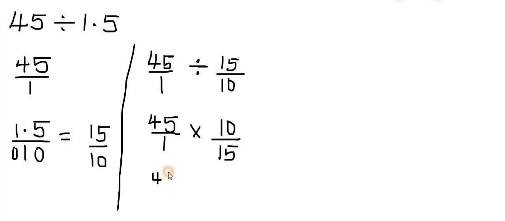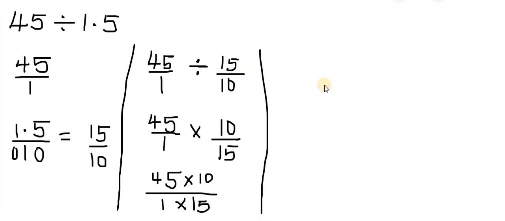So at the top, that's 45 times 10. At the bottom, that's 1 times 15. So how I do my division is a breakdown of 45 being 9 times 5 times 10 over 1 times 5 times 3.